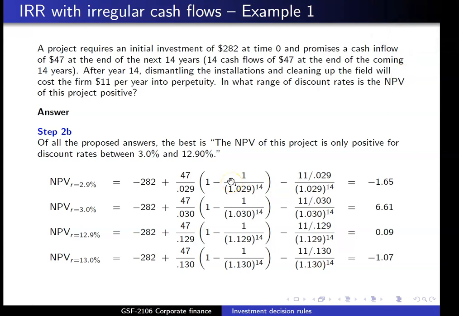So we need to look at what happens to the NPV of the project around the interest rates proposed here. Of all the proposed answers, the best answer is that the NPV of this project is positive for discount rates between 3 and 12.9. Why?